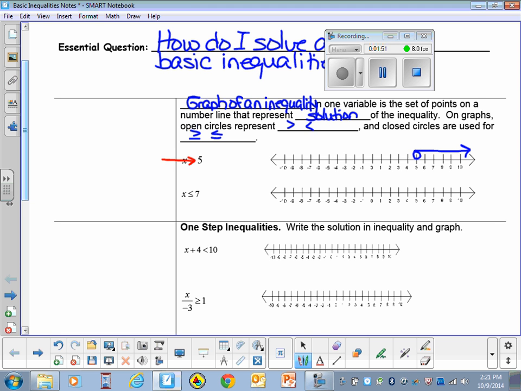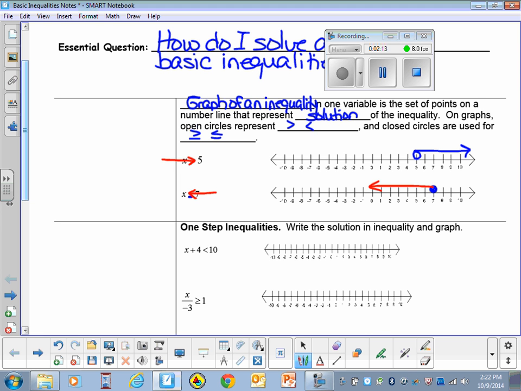Every number bigger than 5 is a solution to this inequality. Okay, for the next one, I want to put a closed circle at 7 because of this equal to part of the symbol. And when I look at this symbol, it's an arrow pointing me down.